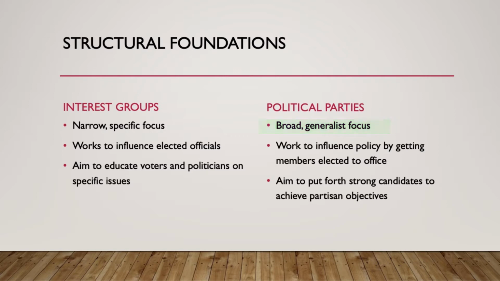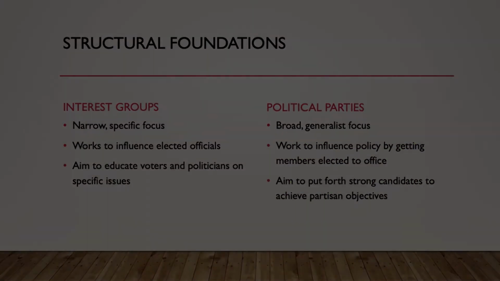This is where interest groups step in and help educate politicians on how they think they should legislate. Broadly speaking, the purpose of interest groups is to influence elected officials and educate voters on specific issues. Political parties, on the other hand, have as their main objective getting candidates elected, specifically those who will represent the party well and help achieve partisan objectives.